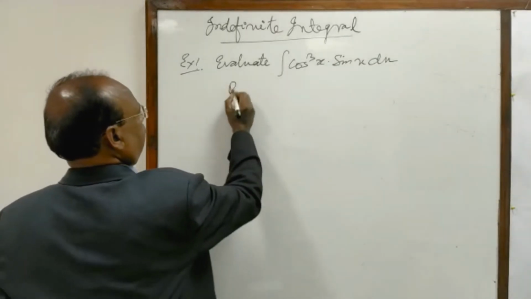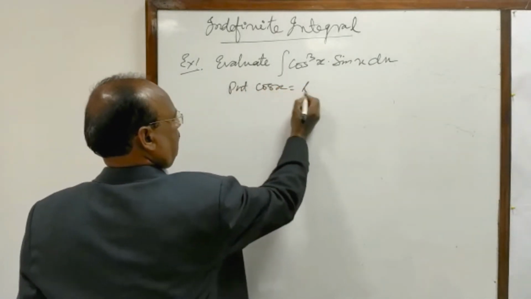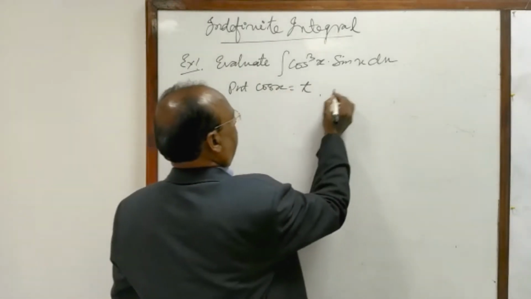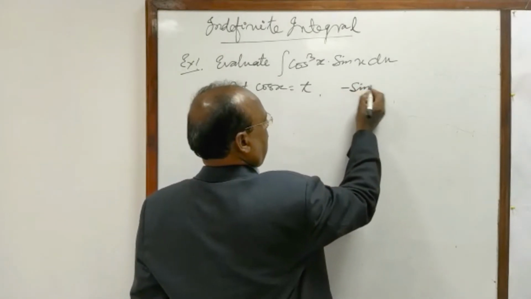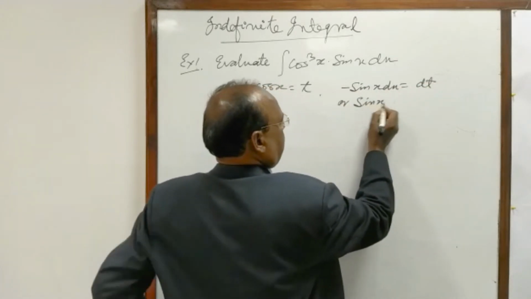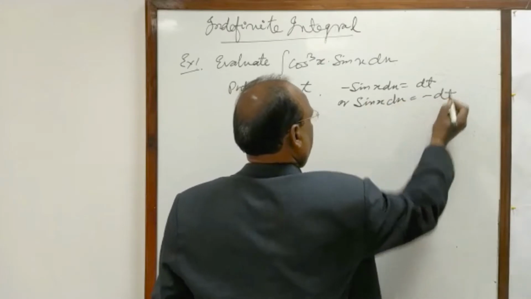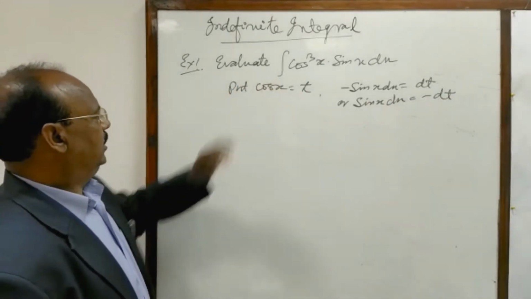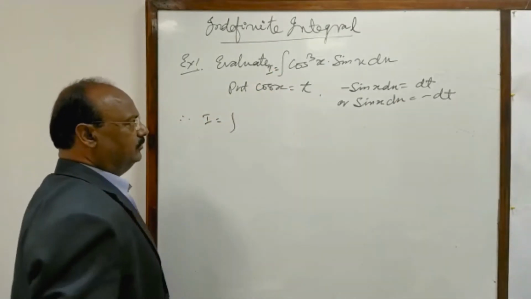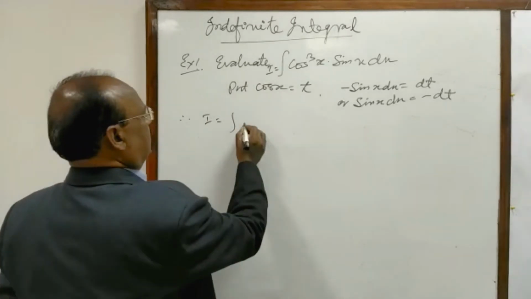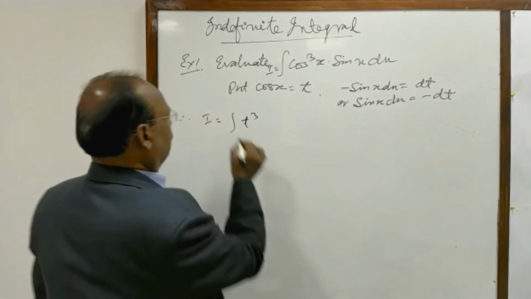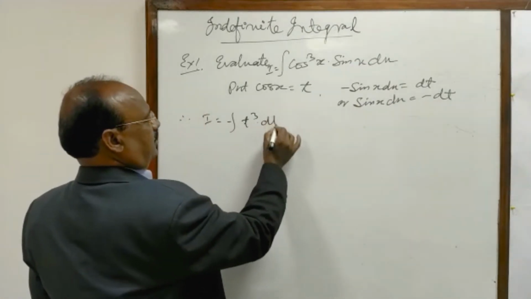Here we will put cos x is equal to t, and after differentiating both the sides we are getting minus sin x dx is equal to dt, or we can write sin x dx is equal to minus dt. So therefore now this integral I becomes integral of cos x is t here, so this is t cube, and sin x dx is minus dt, so put minus sign here and dt.